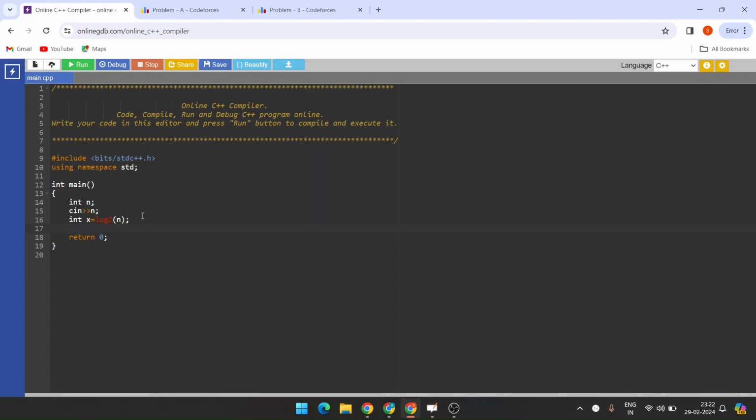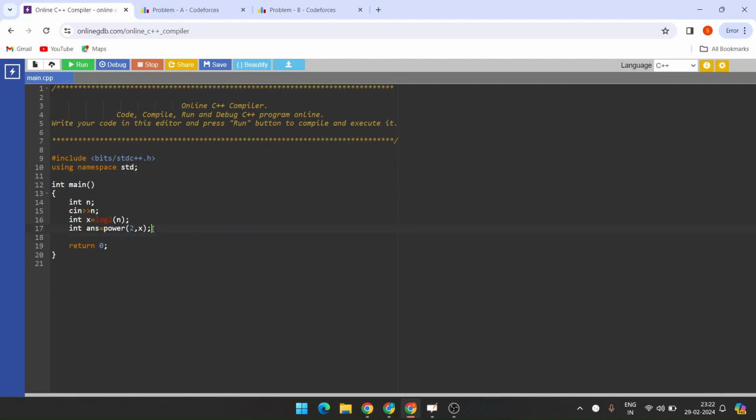So it will give 4. If it's 63, it will give 5. And our answer is 2 raised to this x. And as n is less than 10 to the 9, it will be fine.